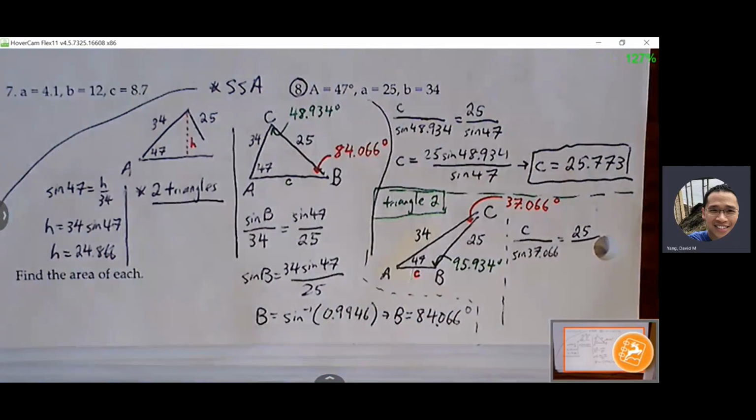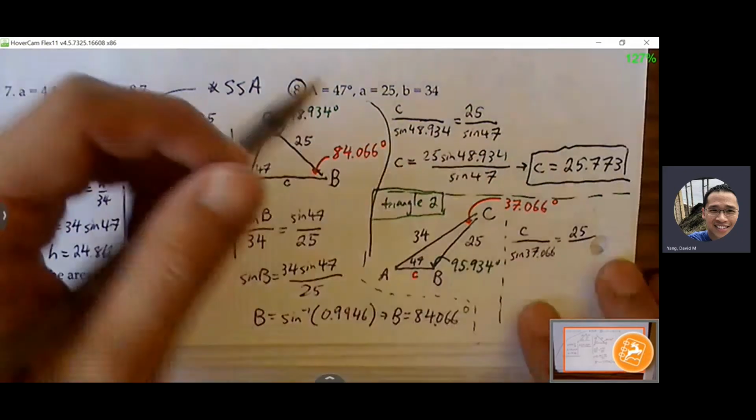Yes, for all 3. 9 through 11, they're all area problems.